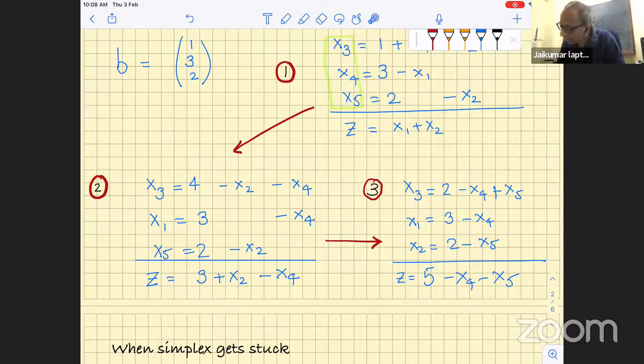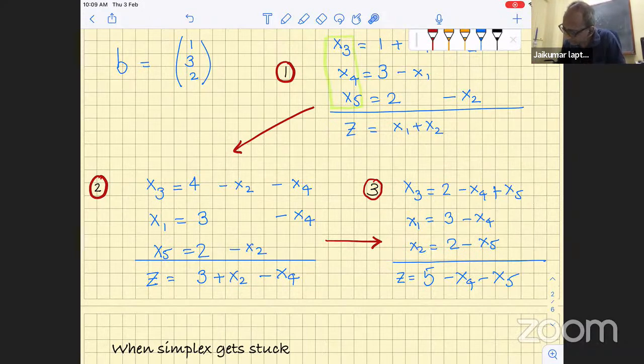Okay. But we have come to this situation where the coefficients of the variables which appear in the objective function below this horizontal line, they are both negative. The claim is that we have reached the optimum of the linear program. Okay. Why? Because these equations are the same as previous equations.